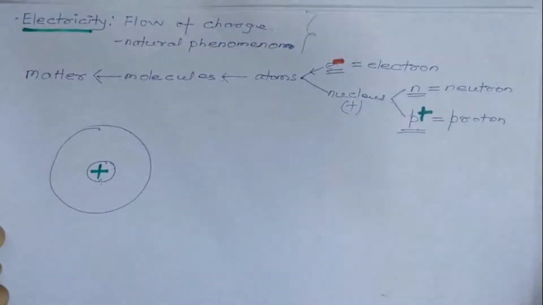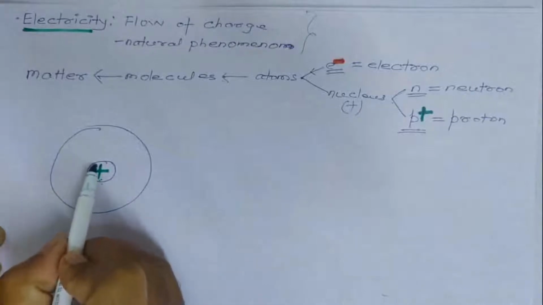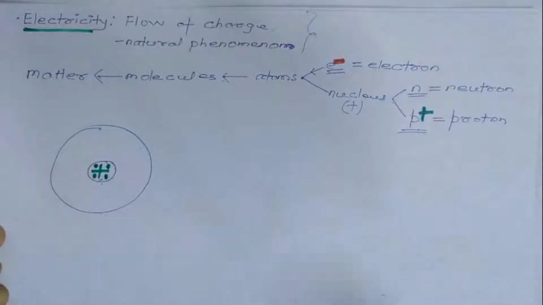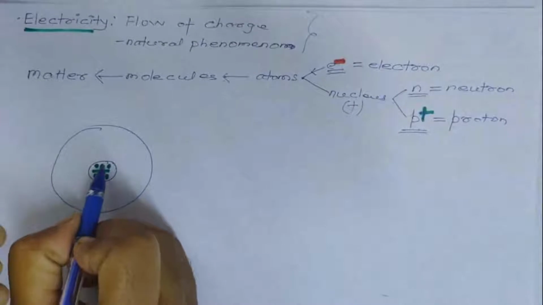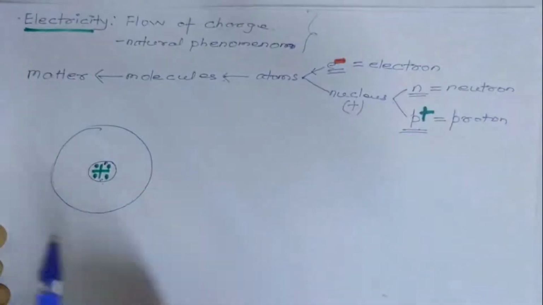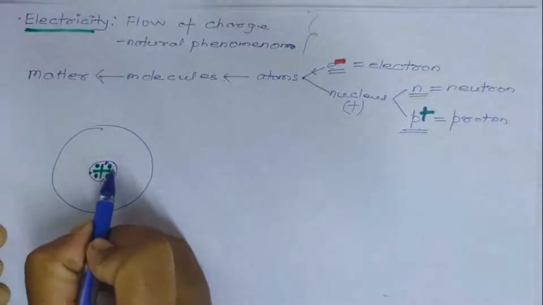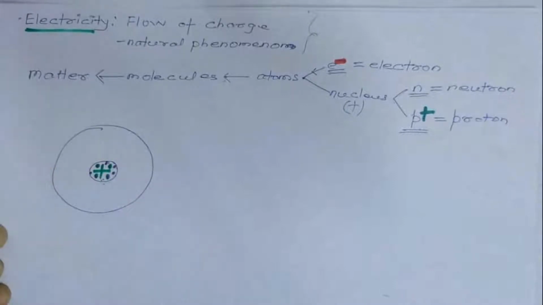So we can represent protons as the green dots, and it contains neutrons as well. So let us represent neutrons using this.